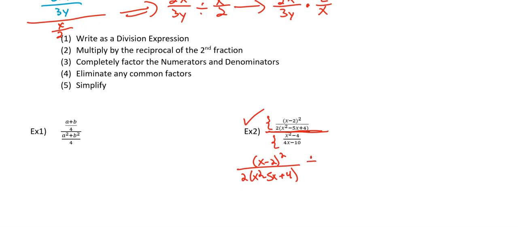Now I'm not doing any factoring or anything at this point. I'm just rewriting it. If you want to save some time and try to do it in one step, that's fine. I just want to be clear on the steps that I'm following. All right. So this would be the initial separating of the complex fraction. So now it's just a regular division.